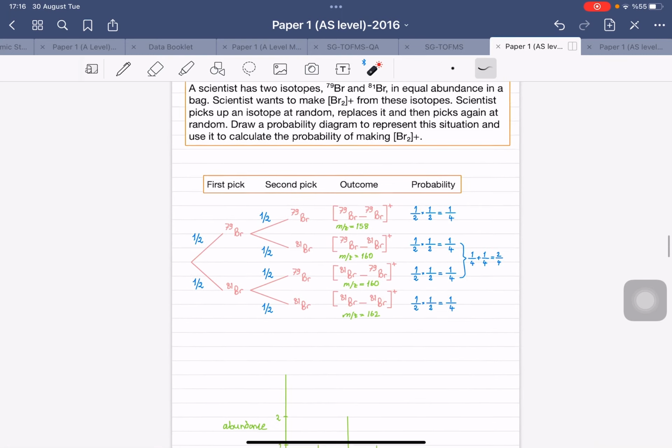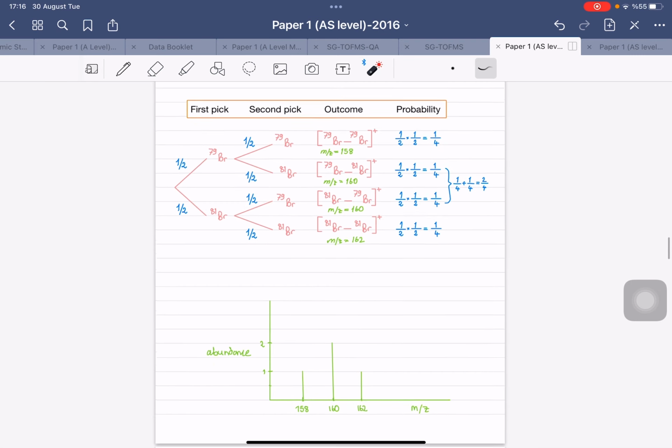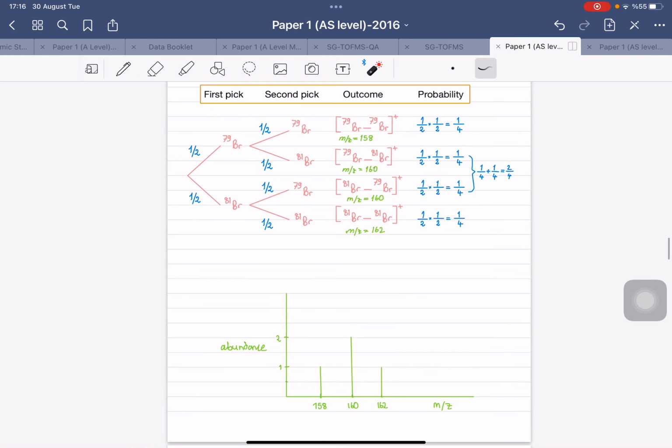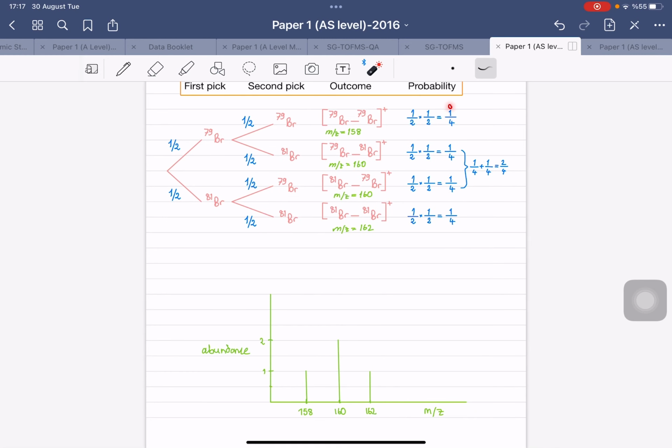I will see 3 peaks with the masses of 158, 160, 162, with the abundance of, as you can see, only 1 out of 4.